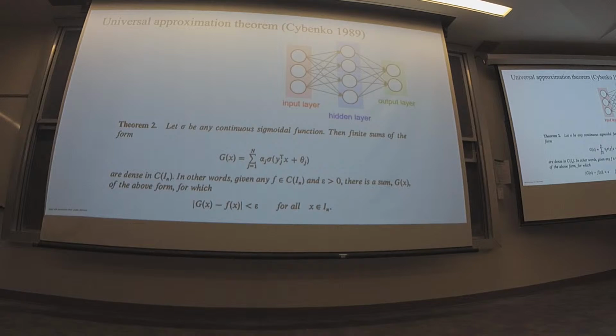Anyways, the point is, why does this even matter? Well, remember what we're trying to do here. We're trying to set up this whole framework where there's an unknown relationship between our input and our output, and we're trying to learn that relationship, right?